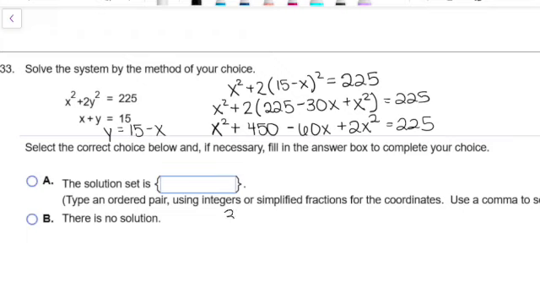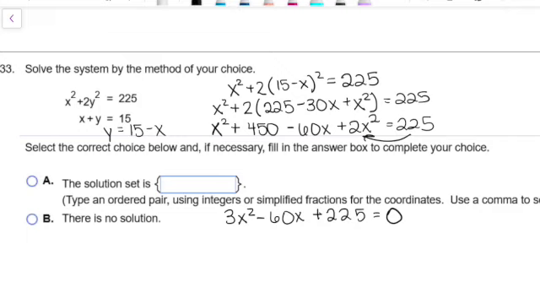So then I get 3x squared minus 60x plus 225 equals 0. So I went ahead and moved that over and combined with the 450 there.